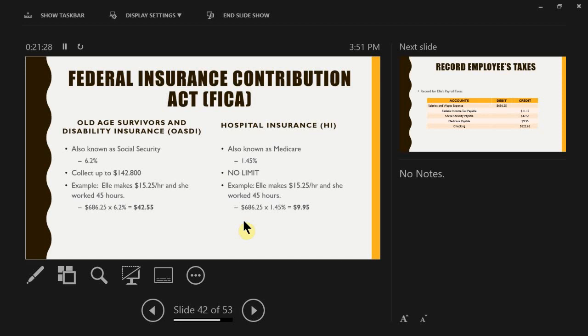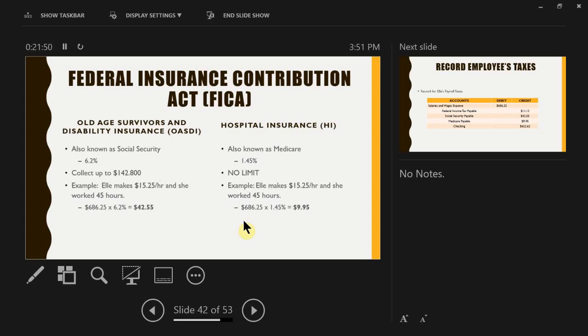How we figure that out is based off the total gross earnings. So if she earns $15.25 and works a total of 45 hours, therefore $686.25 is her total gross wages. We're not going to claim any adjustments to it.